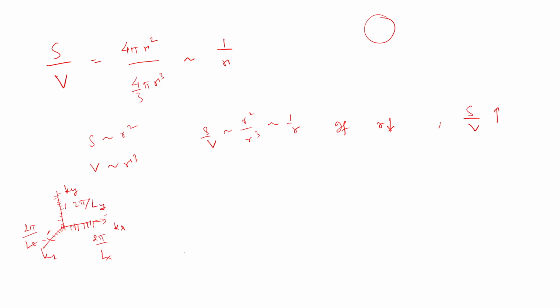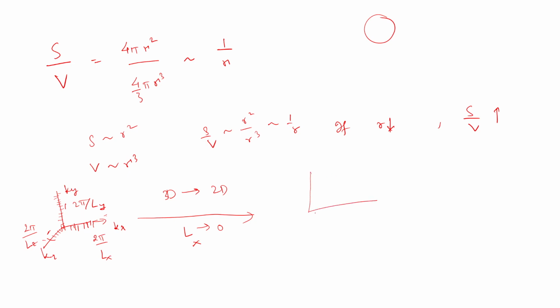Now imagine that we are going to a low dimensional system. To go to a low dimensional system, we reduce the dimension of one of the axes. So this is in 3D, and we want to go to 2D. The way we go to 2D is we reduce one of the dimensions to a very small length. Let's say that Lx goes to some very small scale. If Lx decreases, then the gap, which is 2 pi by Lx, will increase.